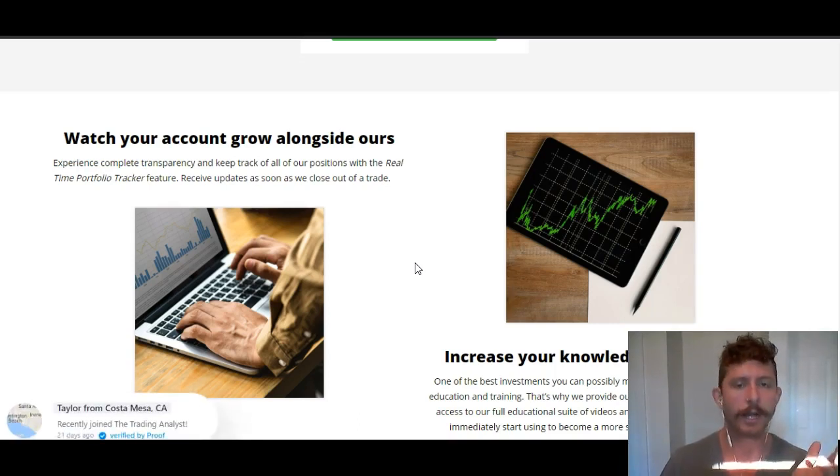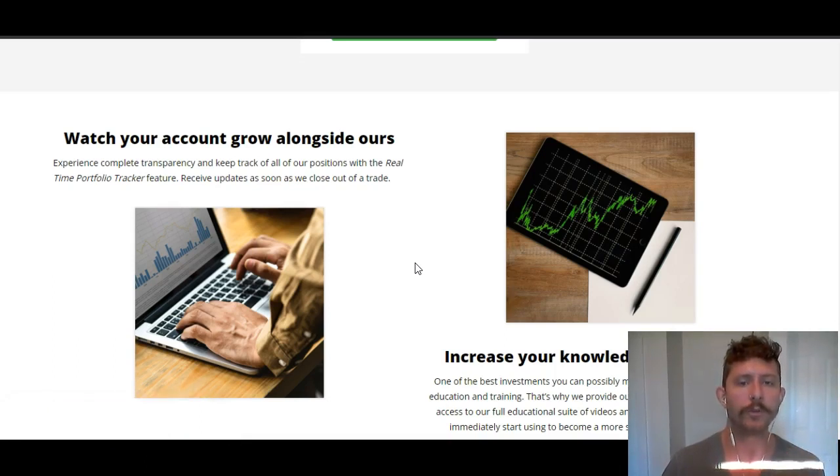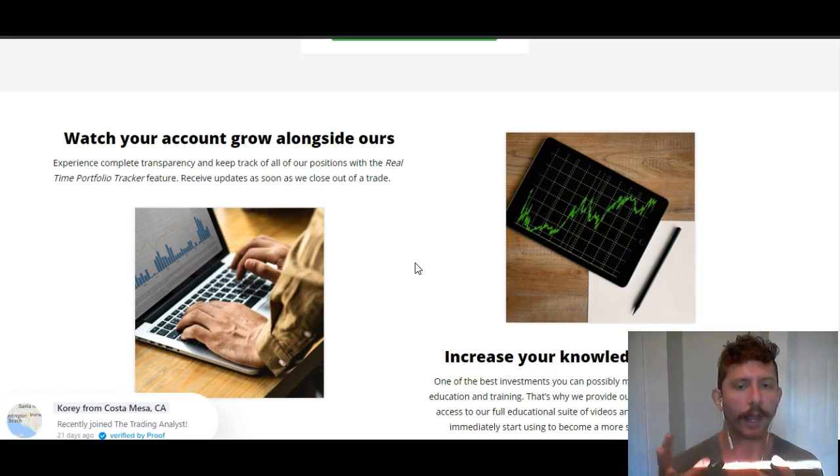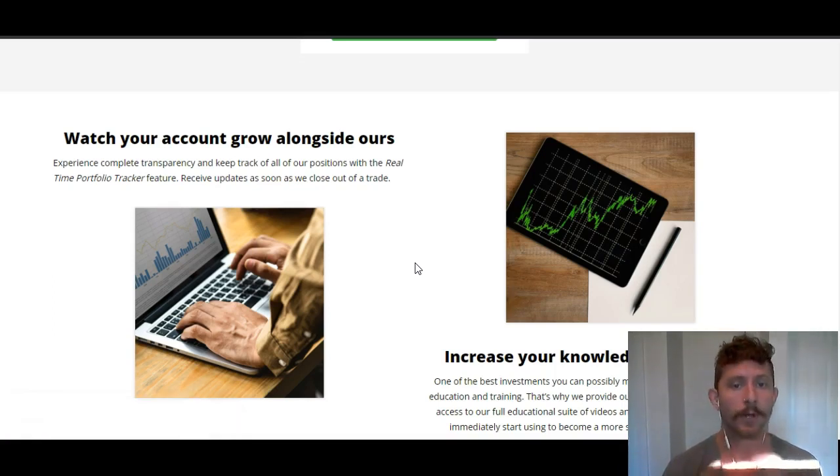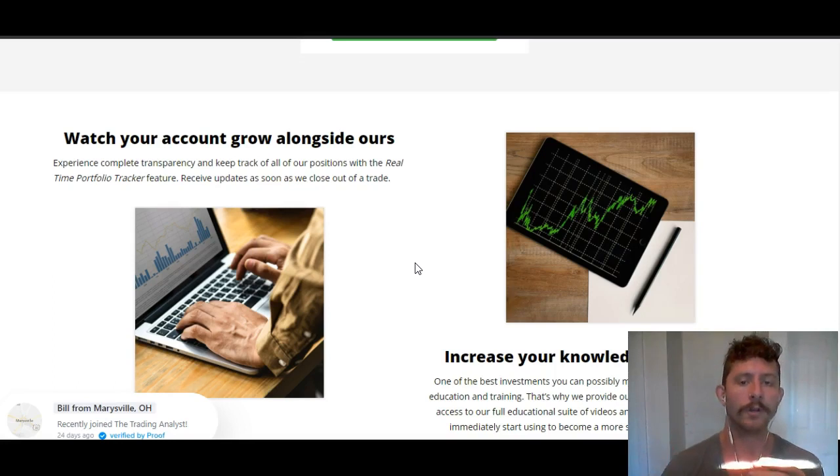It's a new feature since July, and it allows you to get transparent updates because you're going to be able to see everything that we do, all of our past trades, our current trades, and everything. Nothing is brushed under the rug. You're going to be able to see if we're making money, if we're losing money, how we're making money, how we're losing money. I'll give you a hint: we are making money right now, and you're going to watch your account grow alongside ours.